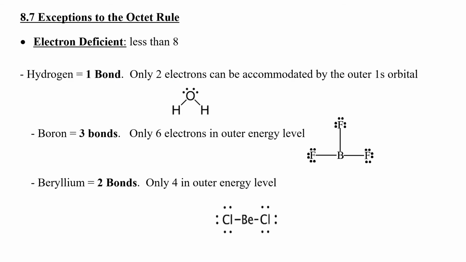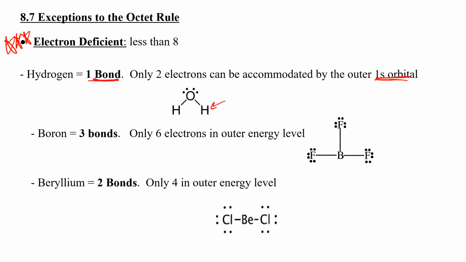Some exceptions to the octet rule. We can have atoms that are electron deficient, which means less than 8. So you must know all of these that are exceptions to the octet rule. Hydrogen only likes 1 bond. That means 2 electrons can be accommodated in that outer 1s orbital.